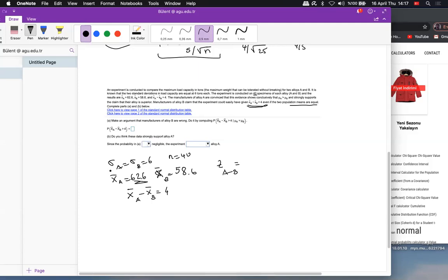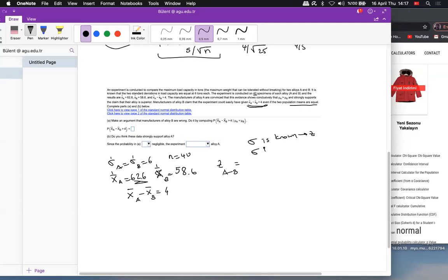Because I know A and B, the standard deviations are given. I know the standard deviations and I know the sample means. So why do I use Z, arkadaşlar? Because I know sigma. Sigma is known. So then I use Z.